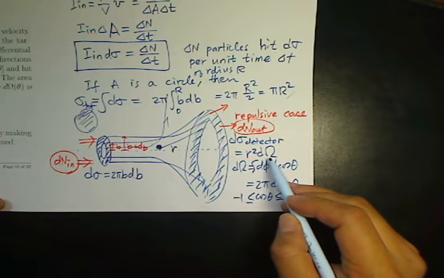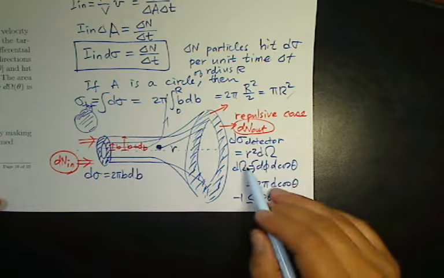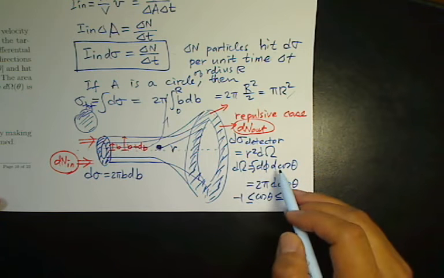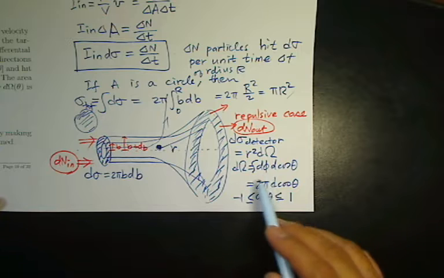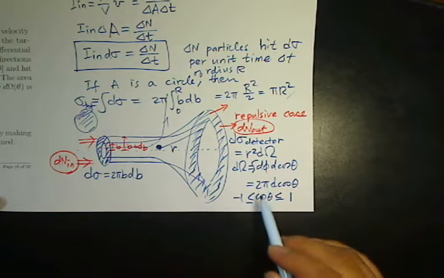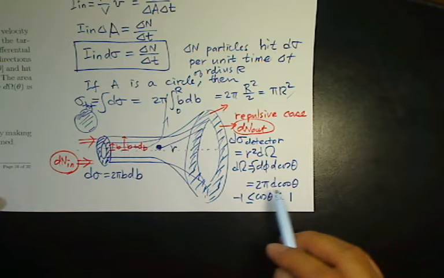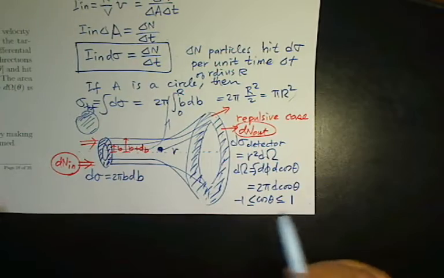This is r squared times d omega, and d omega is the solid angle element. If there is azimuthal symmetry, then you integrate out the azimuthal angle and find the cosine theta, which can be integrated from -1 to +1.